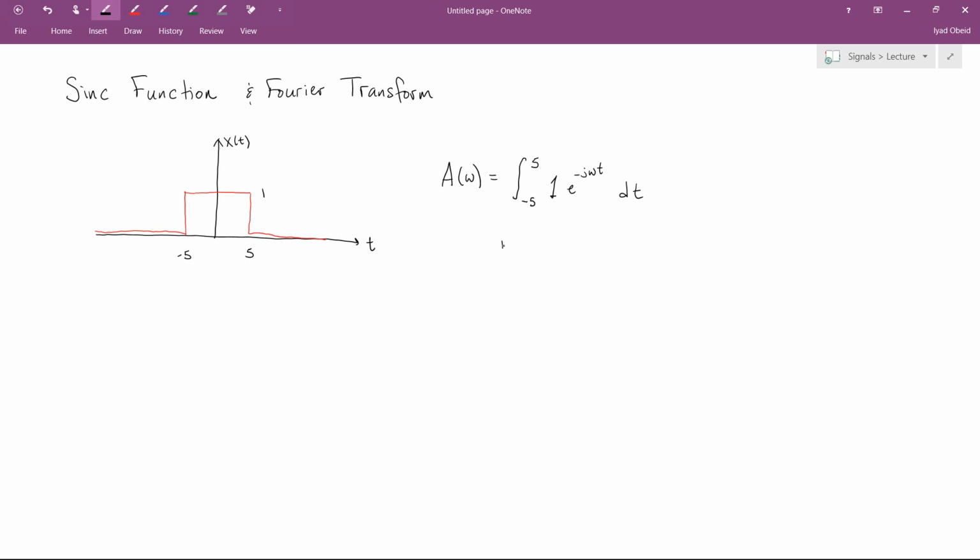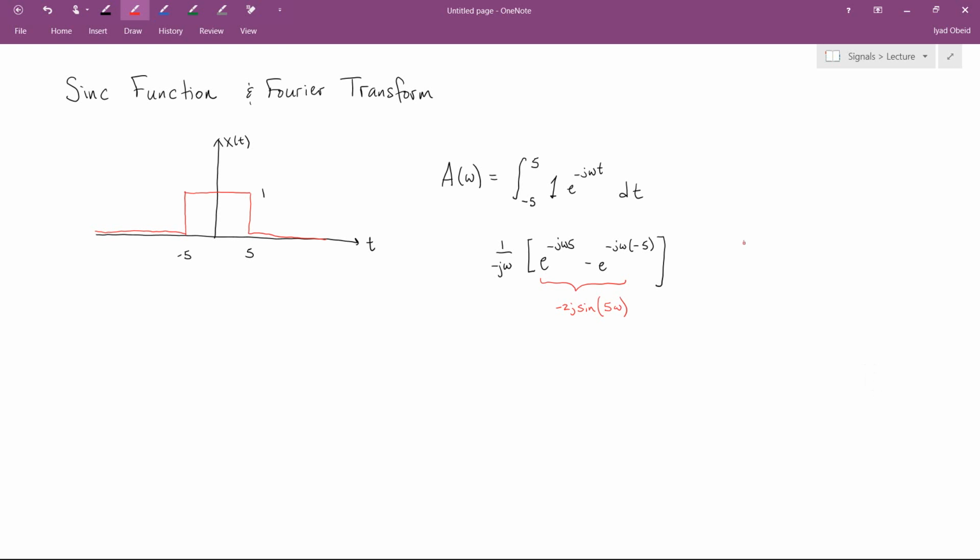So I work the calculus, and that gives me 1 over minus j omega, times e to the minus j omega 5 minus e to the minus j omega minus 5. And I'm going to be slick and notice that what we have here in the brackets is really minus 2j sine 5 omega.